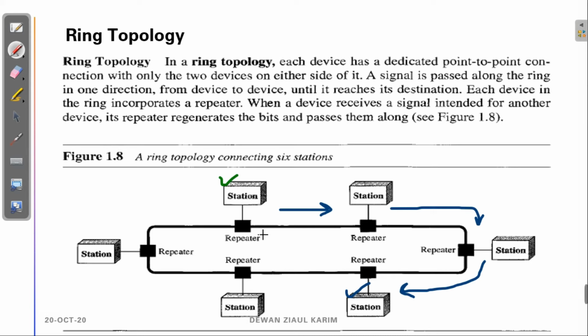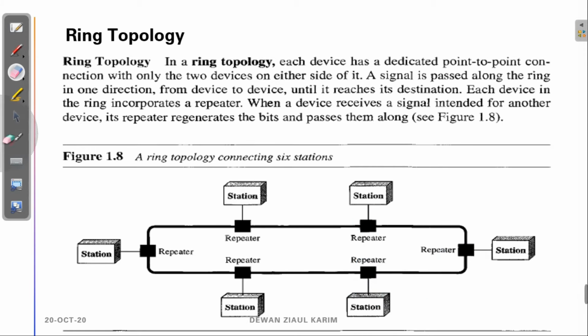The signal goes to this repeater over here, and this repeater regenerates the bits of that signal and then passes it again to the next one. Then it goes to this repeater, which regenerates the bits again and sends them to the final repeater, and from that repeater the data goes into the station. Okay, so this is how the ring topology works.